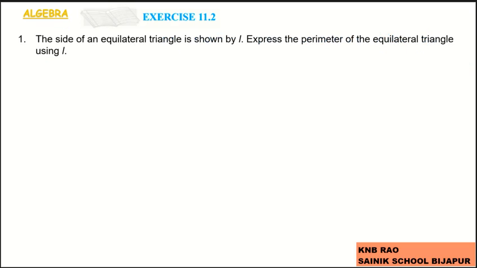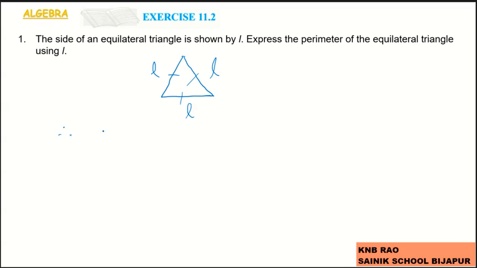In exercise 11.2, main question number 1. The side of an equilateral triangle is shown by L. Express the perimeter of the equilateral triangle using L. So in an equilateral triangle, we know that all sides are equal. If one of the sides is L units, then all the sides become L units.